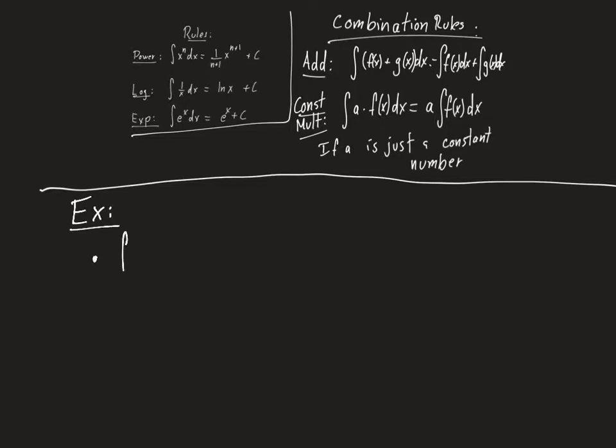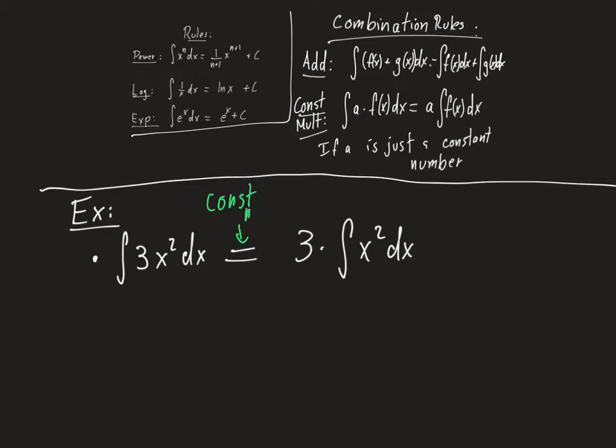First off, what if I take the integral of 3x squared dx? This is going to be equal to 3 times the integral of x squared dx. How do I know this? This is by the constant multiple rule.